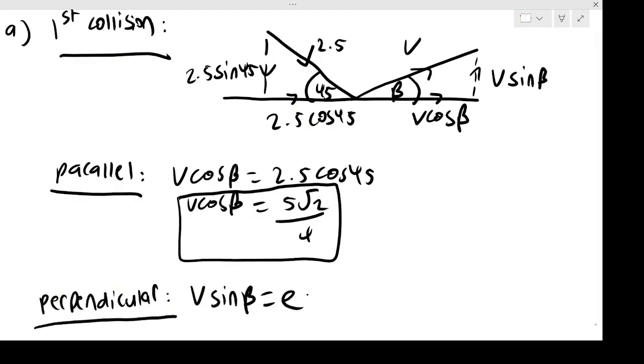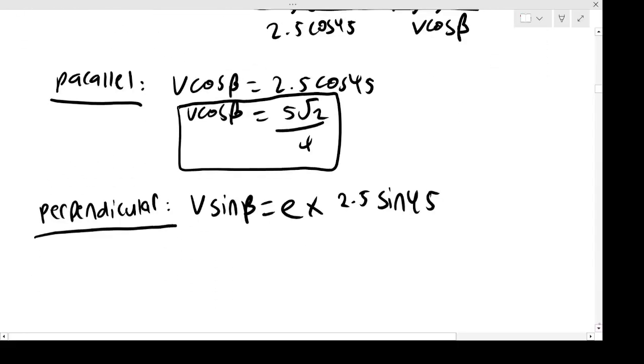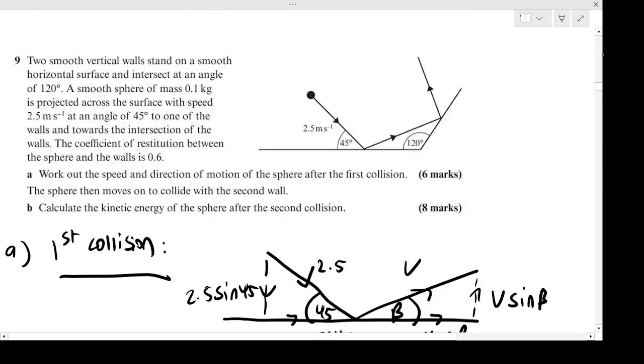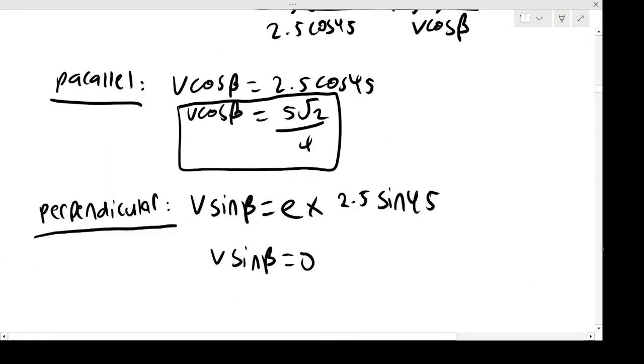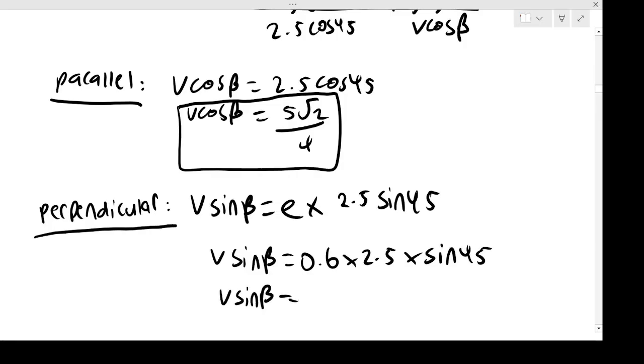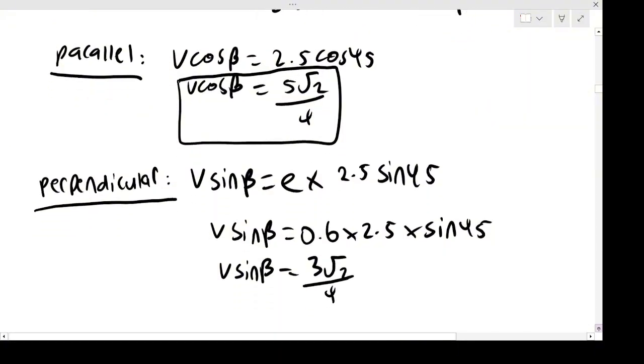It's going to be e lots of 2.5 sine 45, and again, I can simplify this. So v sine beta is going to be, well, e is 0.6, so 0.6 lots of 2.5 lots of sine 45. I put all that in the calculator and I get 3 root 2 over 4. That's my second equation.